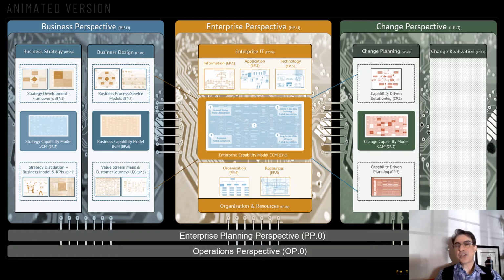CCM, which is a subset that addresses the parts where we're going to do changes. And we talked about the planning being extremely important to be aligned with the enterprise perspective, or enterprise architecture function, if you will, that we need to do capability-driven solutioning as well as capability-driven planning.